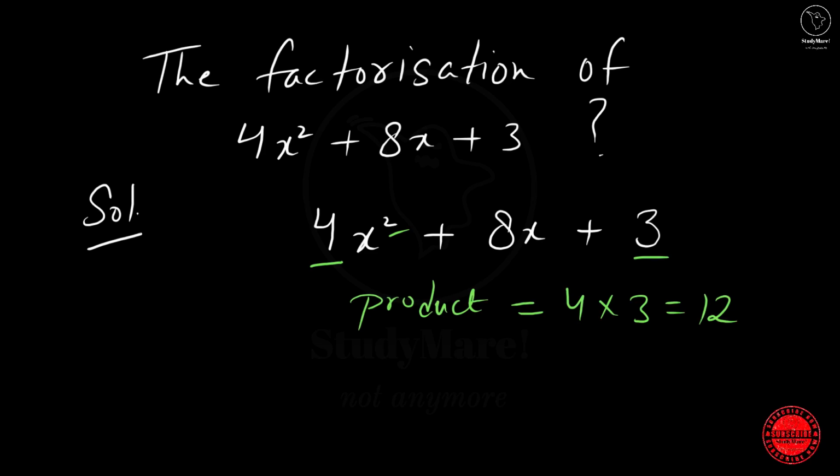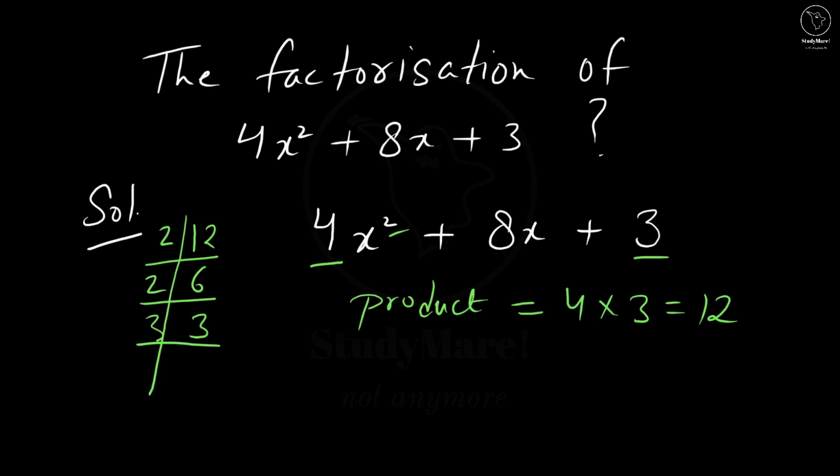Now find out the factors of 12. So we have 2 sixes are 12, 2 threes are 6, and 3 ones. So we have 12 as 2 into 2 into 3.